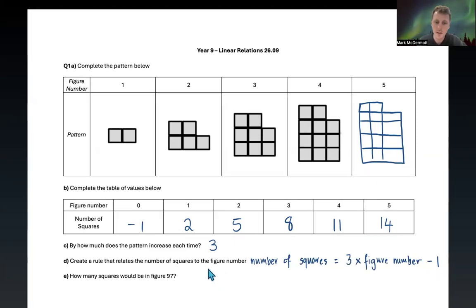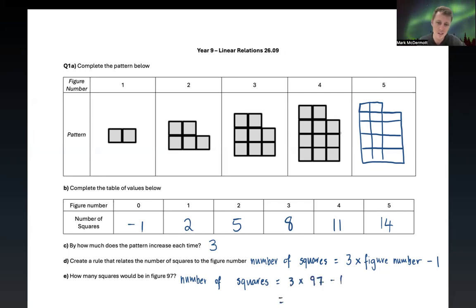Okay, so how many squares would be in figure 97? Well, we can use this rule. So we know that the number of squares equals 3 multiplied by the figure number, which is 97, minus 1.